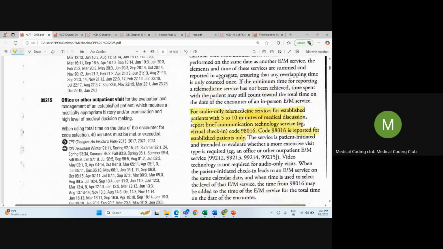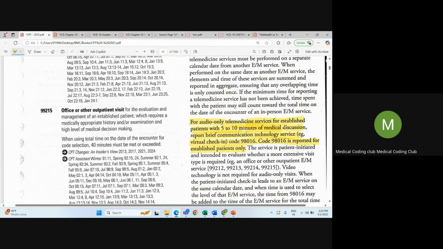And also there is one more guideline we have for audio only telemedicine service for established patient with 5 to 10 minutes of medical discussion, reported as brief communication technology service, that is virtual check-in, 98016.